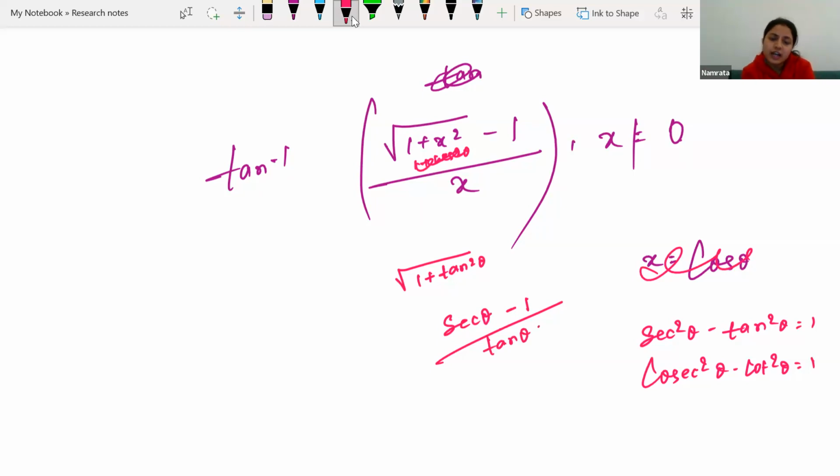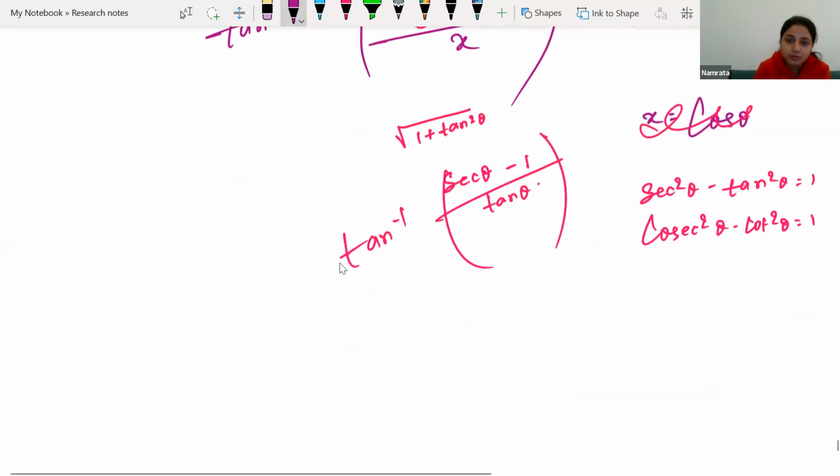After simplifying this, is it possible to get tan theta? Because outside we have tan inverse, so inside the bracket we must get tan, right? Let's check sec theta minus 1 by tan theta. Can we get tan from here?